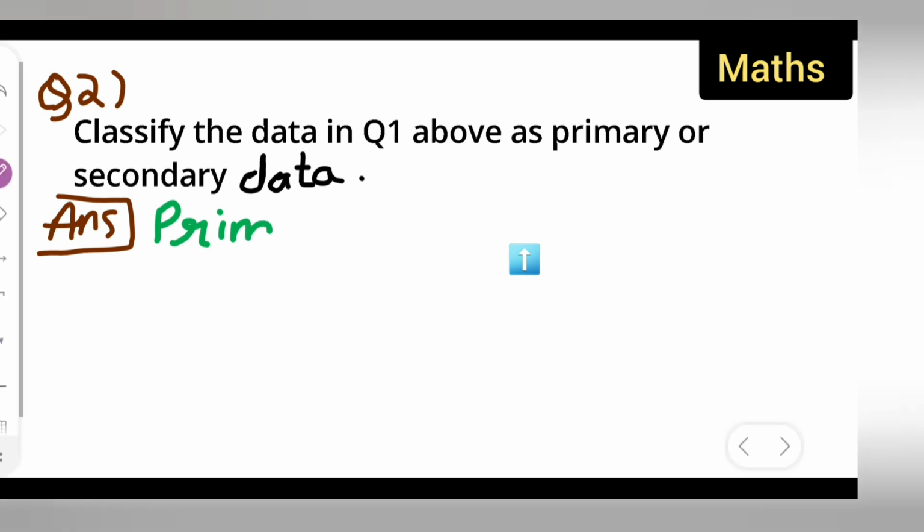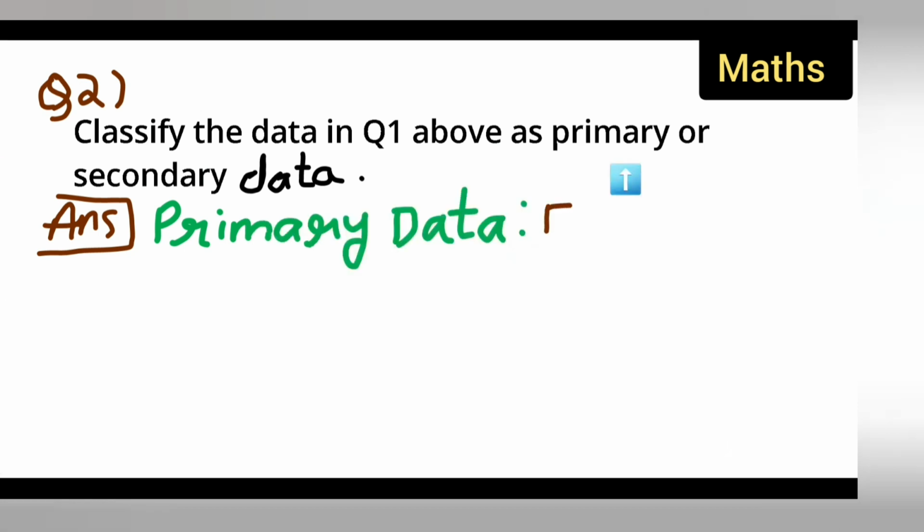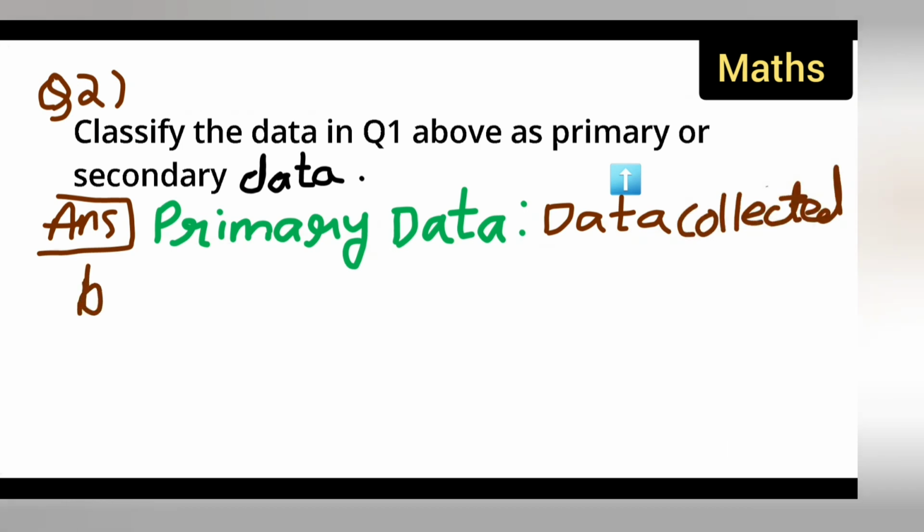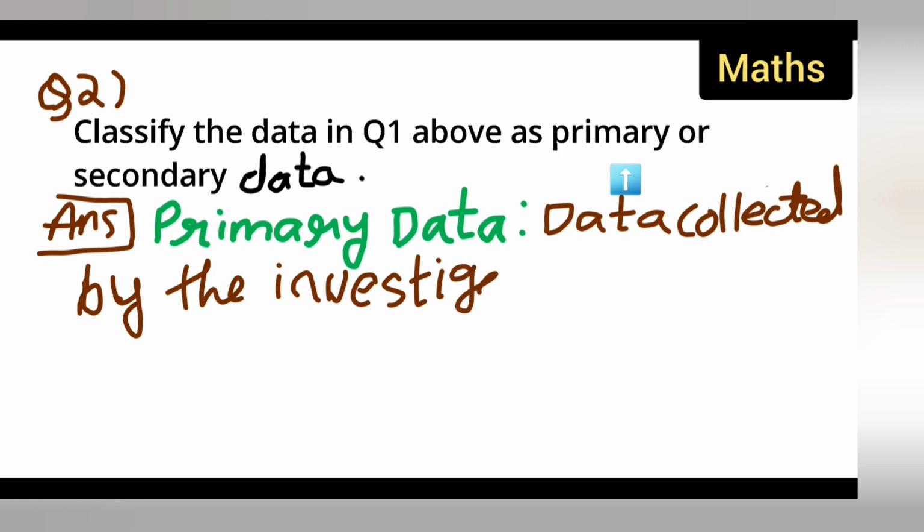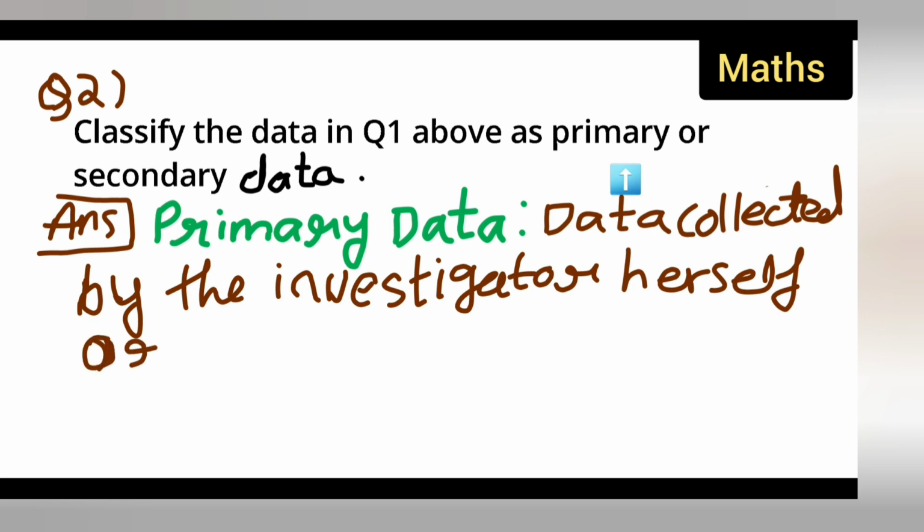Primary data. Write down what is the primary data. Data collected by the investigator herself or himself with a definite objective in her or his mind.